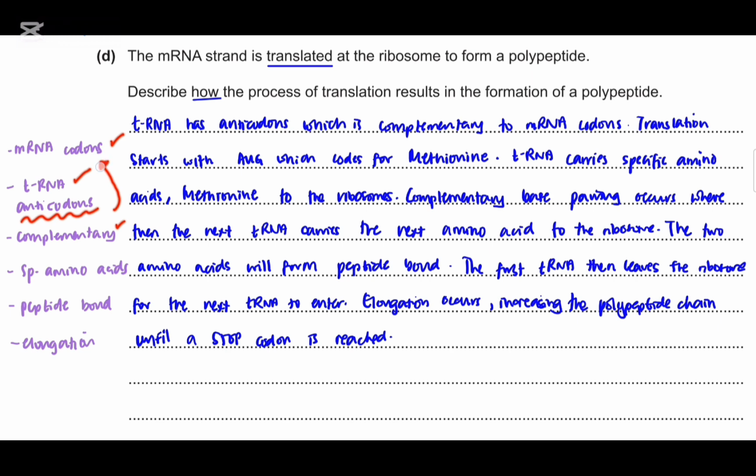Then we relate to the function of the tRNA molecule, carrying specific amino acids close enough that they are able to form peptide bonds. This polypeptide process continues as more and more amino acids join together in a process called elongation until a stop codon is reached. So we're going to look at how we describe translation in this question.